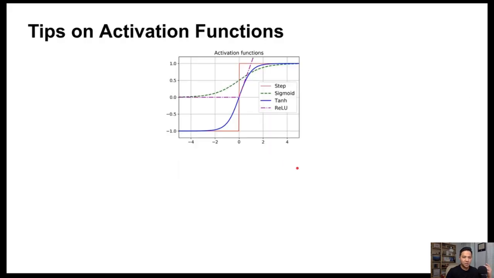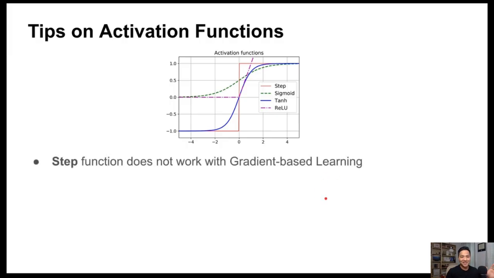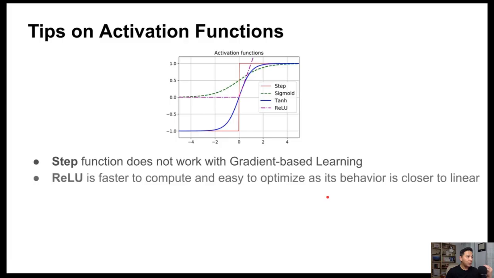We're going to return and talk more about this, but the step function won't work with gradient-based learning, so we're not going to mention it a whole lot anymore. ReLU is fast to compute and easy to optimize because, as you see, it's pretty similar to the linear function, and then you have 0 when it's not activated.